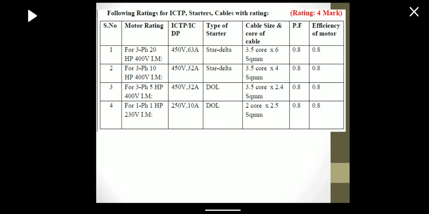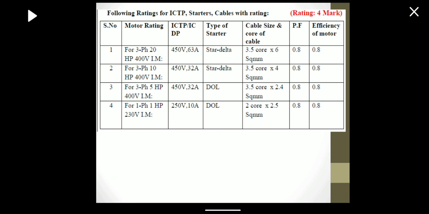Then second is the 10 HP 400 volt motor, 3 phase. So 415 volt 32 ampere star delta starter and 3.5 core 4 square mm. Then 5 HP motor 415 volt 32 ampere DOL starter is used because it is a 5 HP motor.